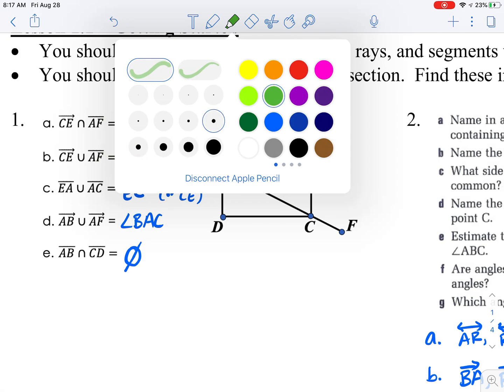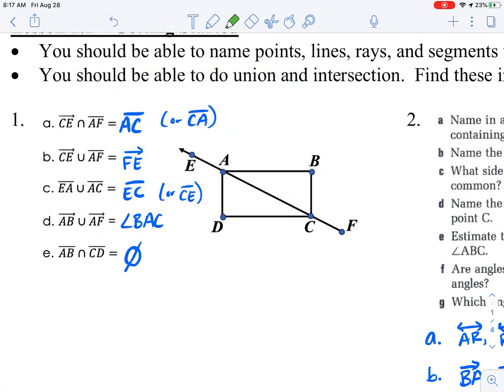Okay, next up, I'm going to shrink this highlighter. We have segment EA union with AC. So we're taking the two things and putting them together. Look at this: along a line, I take 2 small segment pieces and combine them together. What do I make when we take 2 segments and put them together?